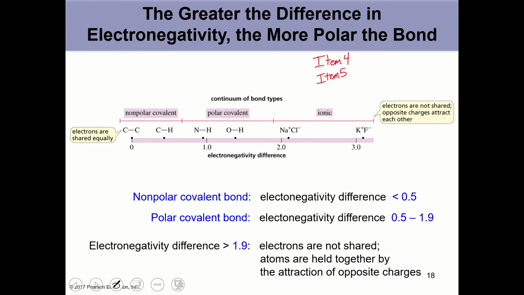The most common bond in this class, CH. The more carbon-hydrogen bonds a molecule has, the more nonpolar it is.